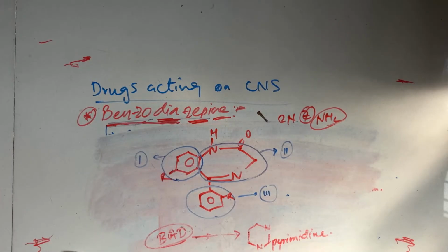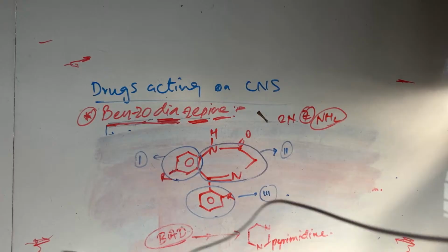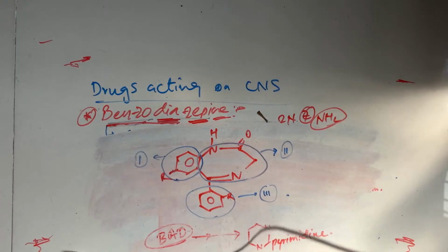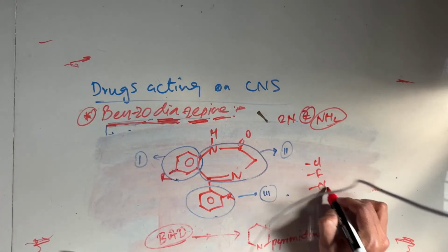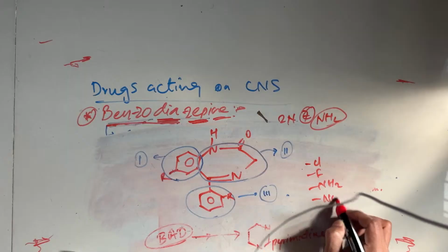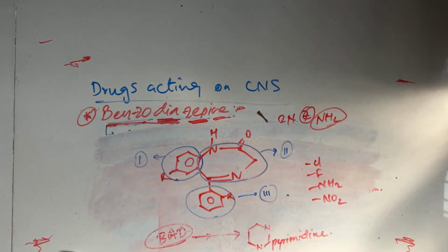Okay. So one previous year question was there: which of the following groups acts as a strong electron withdrawing group? And the options were chlorine, fluorine, NH2 and NO2. What will be the answer? Strong electron withdrawing group, the answer is NO2. Why?